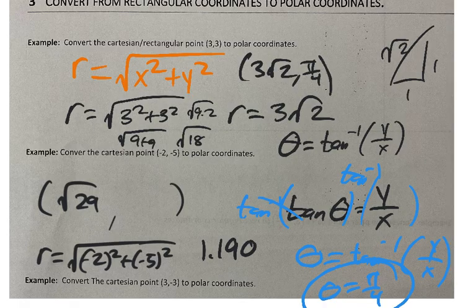Because that is not a radian. Wait, it is in radians. Are you in radians? I'm in radian. Inverse tangent of -5 over -2. Oh my gosh, y over x. Tangent's y over x. Why is it not 1.19?